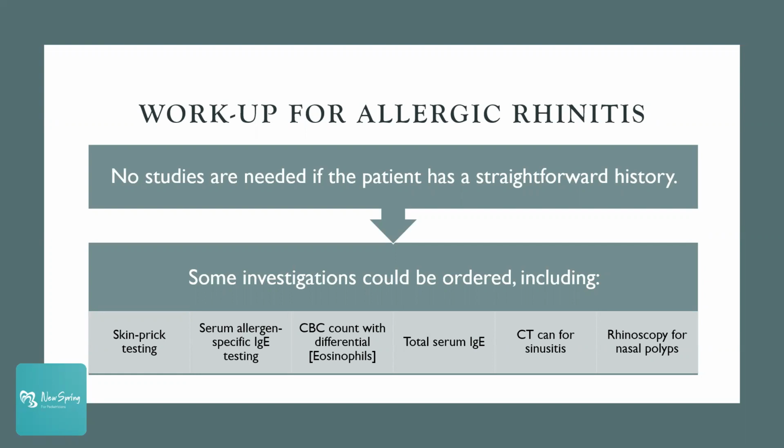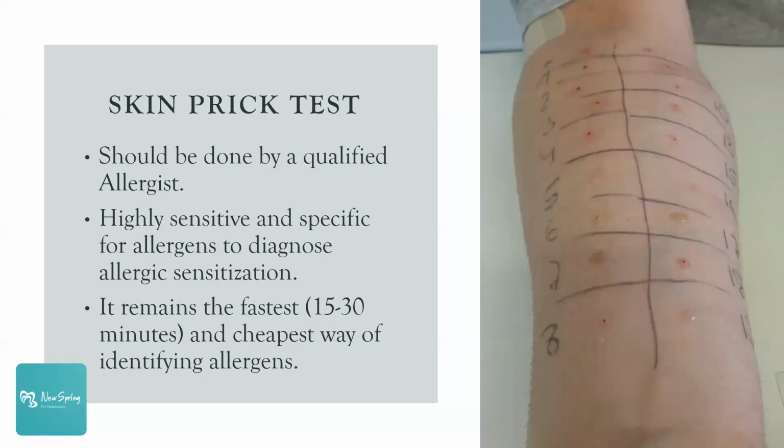Most importantly, a skin prick test, a serum allergen-specific IgE test, and a CBC count with differential to see if there's a rise of eosinophils, or eosinophilia. Total serum IgE may also be increased. Others include a CT scan for sinusitis and rhinoscopy for nasal polyps. However, we're going to talk about only 2 tests.